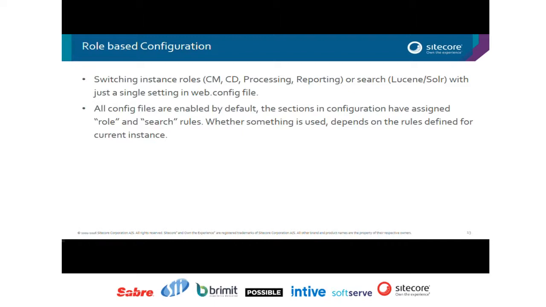Some of them you only need to disable or enable, but some of them you have to really modify. So this is really painful. If anyone installs Sitecore on a production environment, you know what it means.